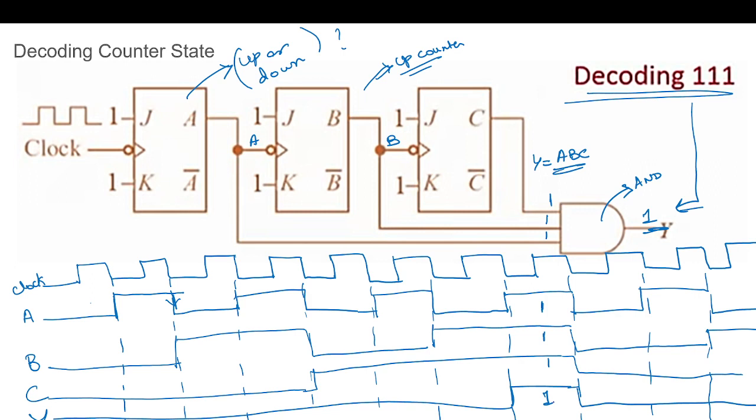So you can see that at every eighth clock cycle, after every eighth clock cycle, ABC will be 1 and at that time Y, the decoding logic output, will be 1. Okay.